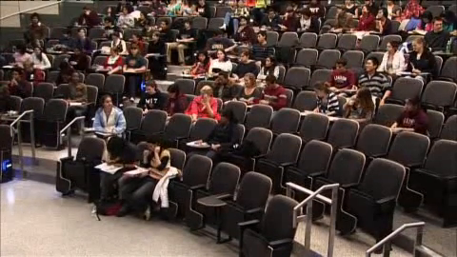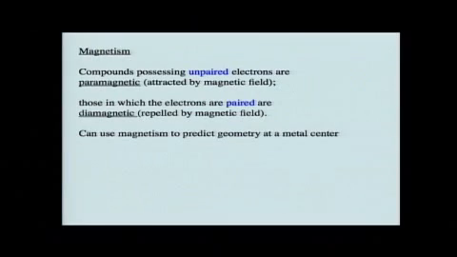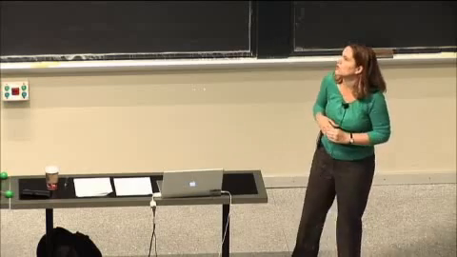All right, so I'm going to introduce you to some terms that we're going to come back to at the end of today's lecture, and then we're going to talk about the shapes of coordination complexes. So, magnetism. We talked last time before the exam about high spin and low spin, unpaired electrons and paired electrons.